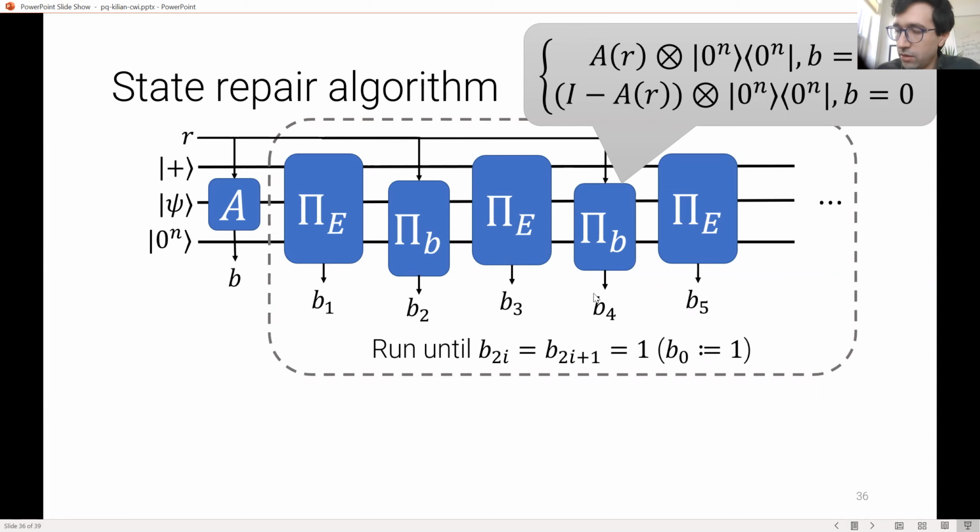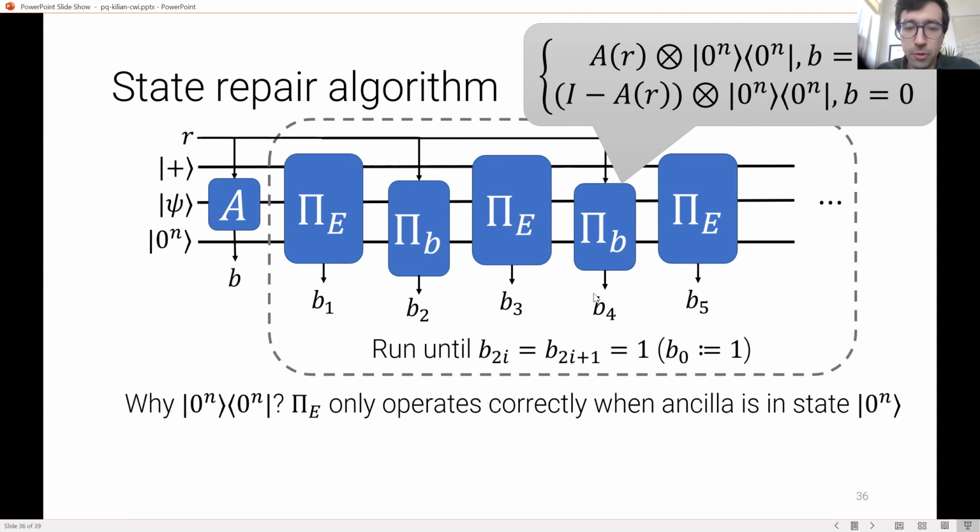Okay. So firstly, why do you want to project the ancilla at all? The answer is that this pi sub e is only going to actually do anything useful when the ancilla is in the state 0 to the n. In general, the ancilla is going to be in some other state, and you need to fix it.